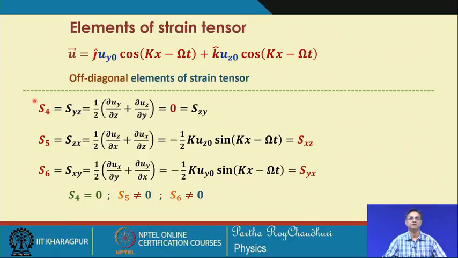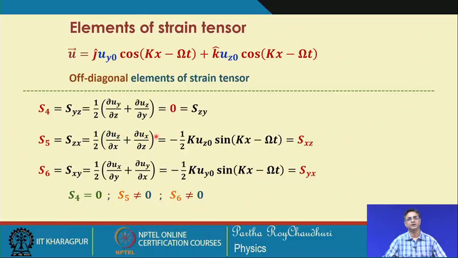Selectively, for S 4, you have del u y del z plus del u z del y, this quantity is equal to 0, and S z x, del u z del x plus del u x del z, is non-zero, because we are looking at the changes in the deformation along the x direction.